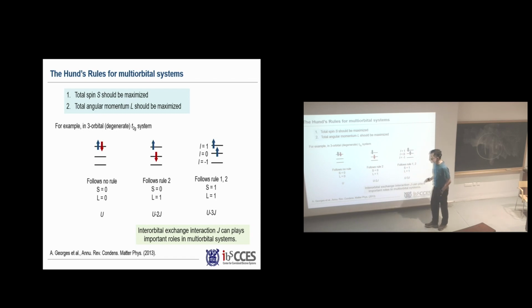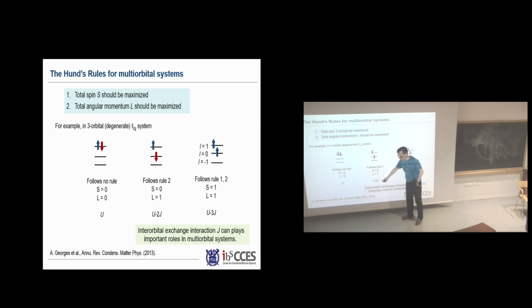If you do not follow any rule, let's assume there are 2 electrons at the same level with opposite spin, because the Pauli exclusion principle does not allow the same spin in the same orbital, then S equals 0, L equals 0. The Coulomb correlation U is here. But if you just follow the second rule, then you have S equals 0, L equals 1, like this.